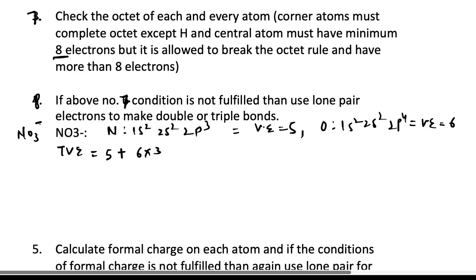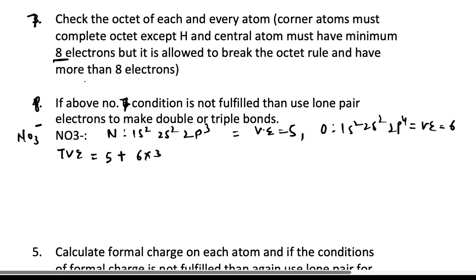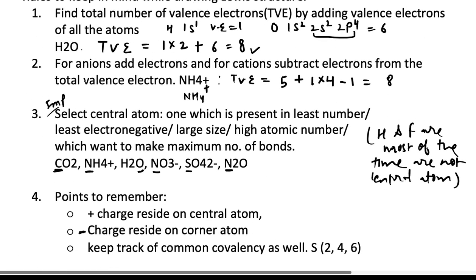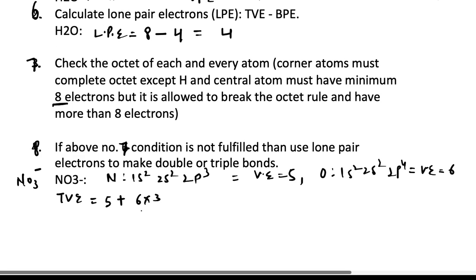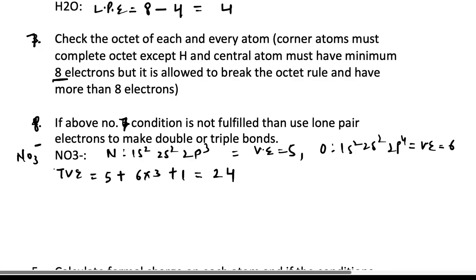Since a negative charge is there, according to the second rule, we have to add the negative charge and subtract the positive charge. So I have to add that. How many total valence electrons are there? 24.